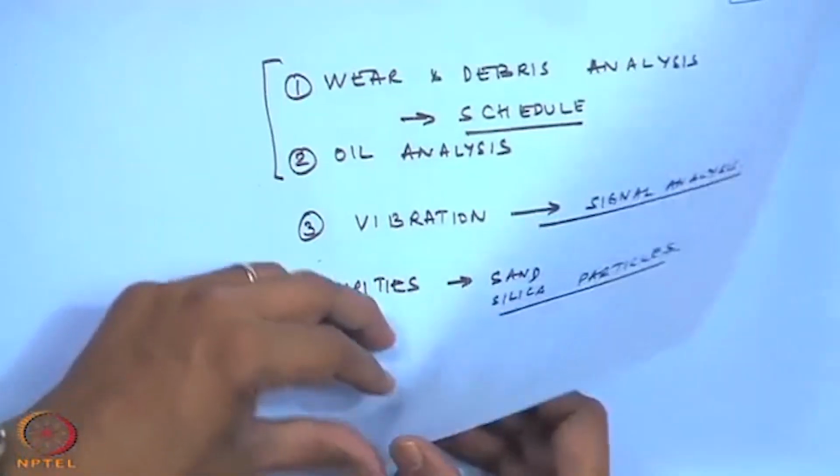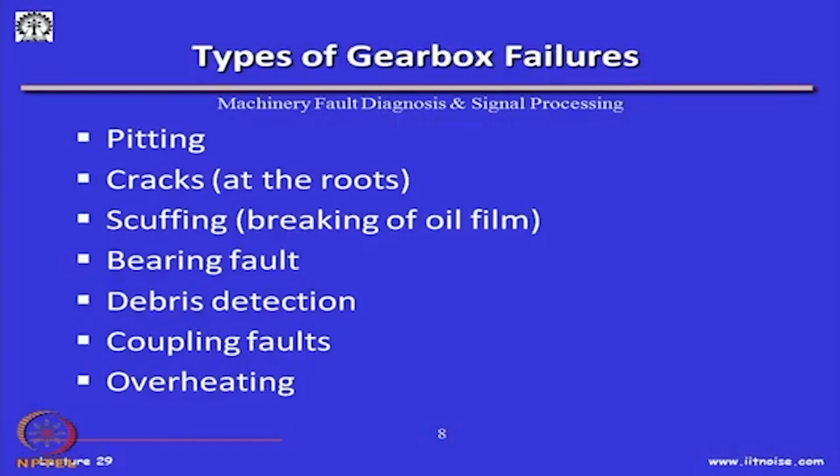And how do we detect that? So, in a gearbox, the type of failures which can occur is because of the pitting of the gear flank.